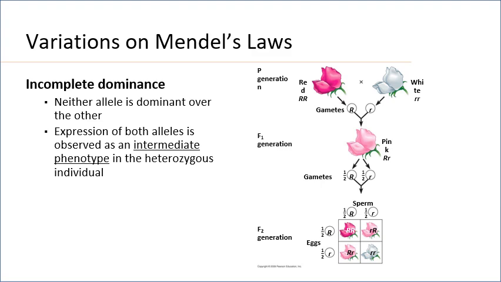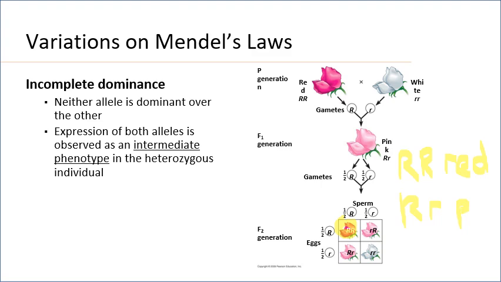So go ahead and look down here. I want to highlight some things. In order to be red, this one right here has to have two big R's. So two big R's are going to give you that red phenotype. But if you have a big R and a little r, that's going to make you pink.